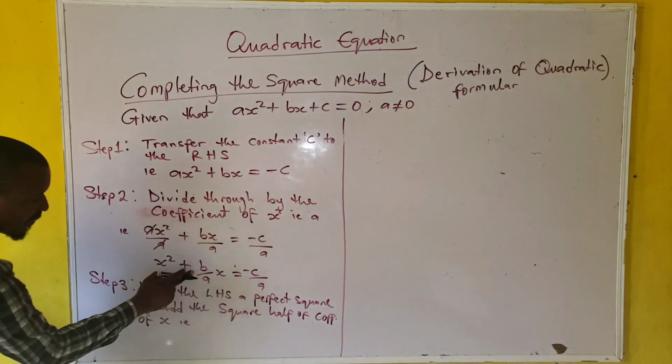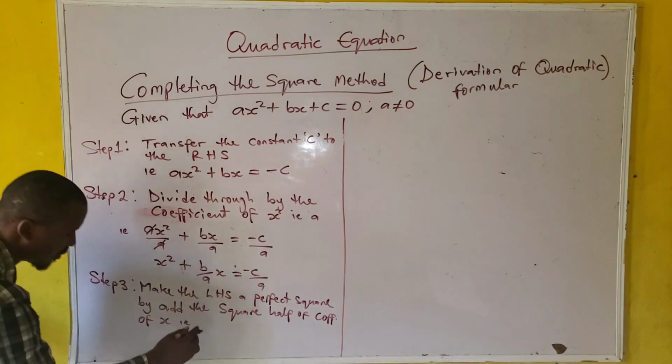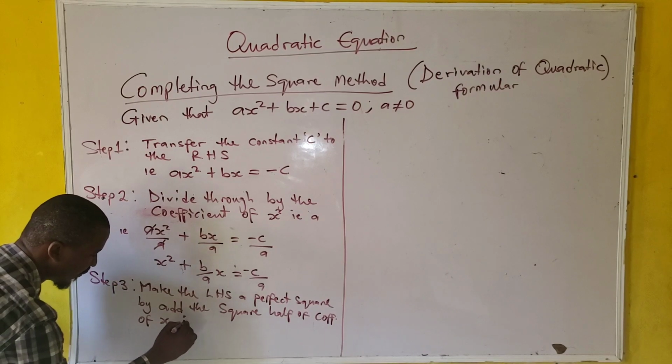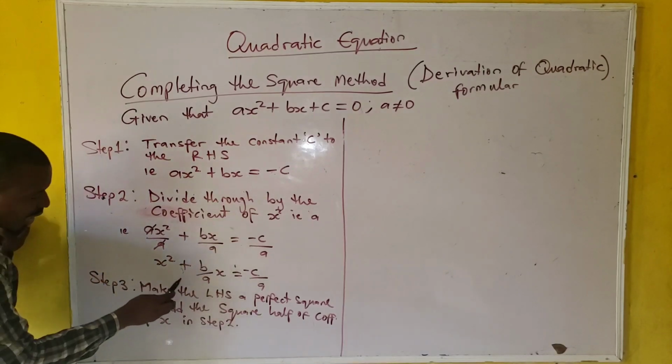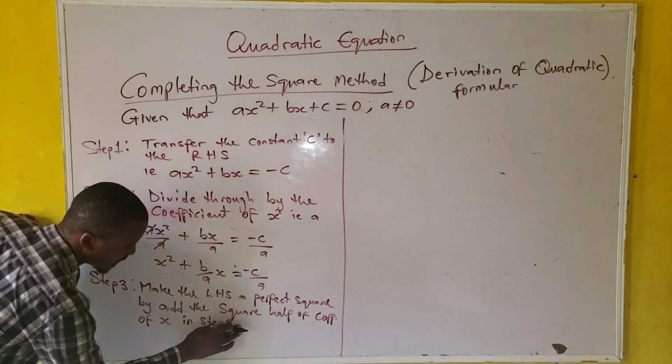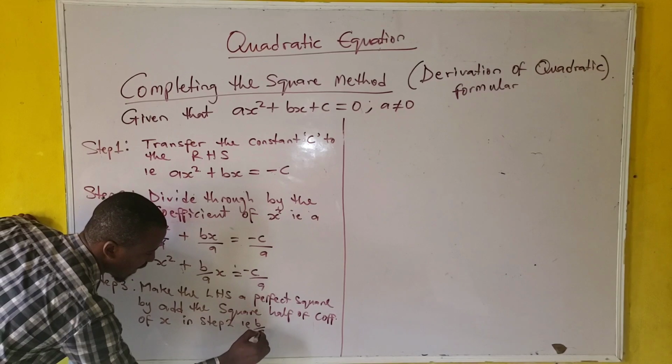That is the coefficient of x in what we have in step 2. So the coefficient we have in step 2 is b over a.